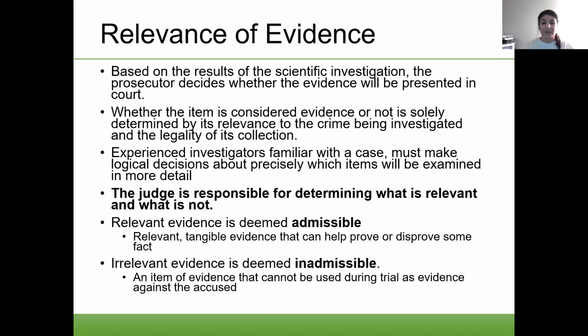And then irrelevant evidence is deemed inadmissible, so any item of evidence that cannot be used during trial as evidence against the accused because of the way they got the evidence, if it wasn't legal or violated some rights, then it can't be used.